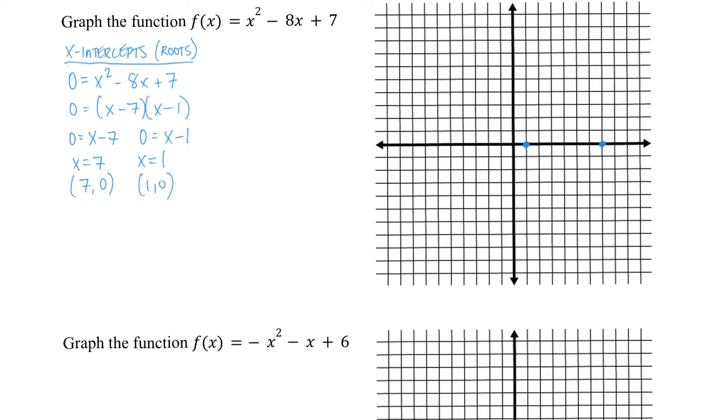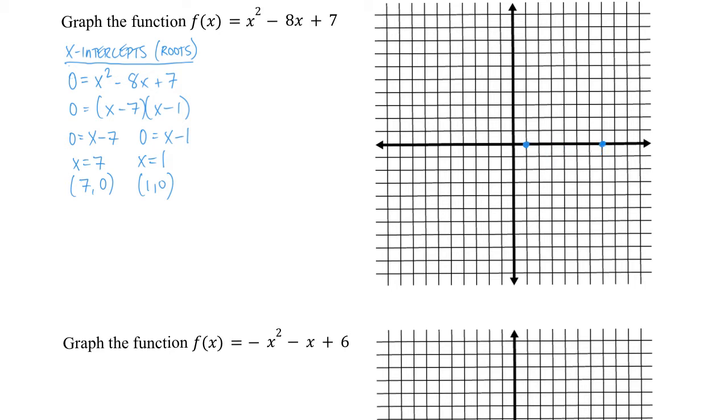Okay, so the next thing is to find your axis of symmetry. Now you can do this one of two ways. You can either use the formula that we discussed in the last lesson, which is negative b over 2a, or since we know that the parabolas are symmetrical, we know that the axis of symmetry is going to be halfway between these 2 points. So this is at 1 and this is at 7, so halfway would be right here at 4.